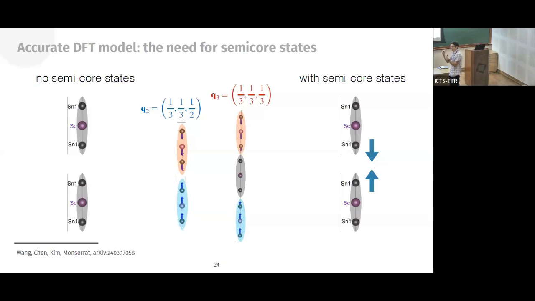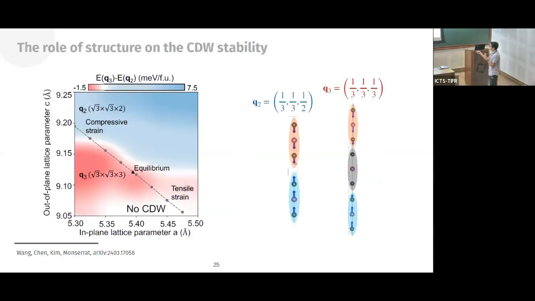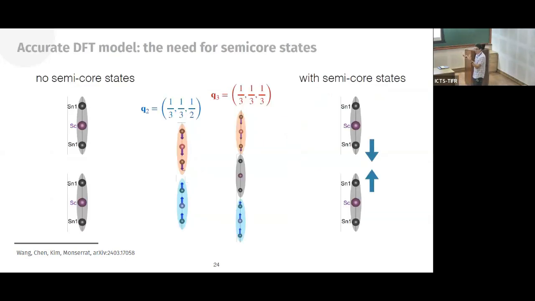And if you optimize it with semi-core states, not changing anything else, you end up with a slightly smaller lattice parameter. In this particular calculation, we use the PBEsol functional, which is also what many other people used, and in that setting, that's enough to make this difference.